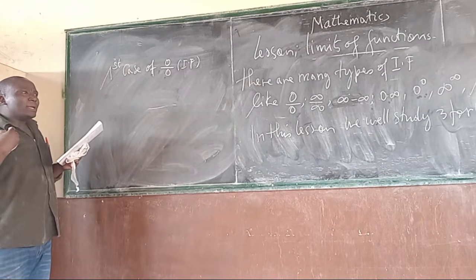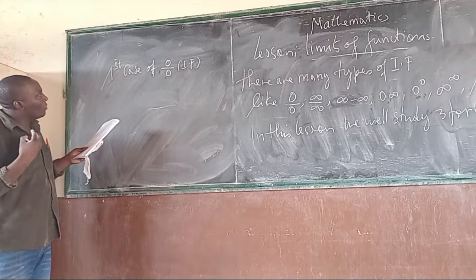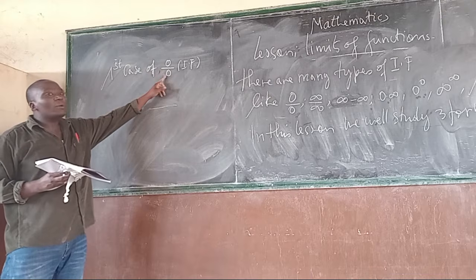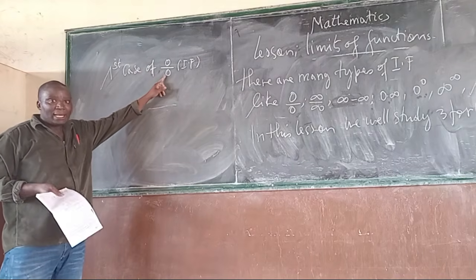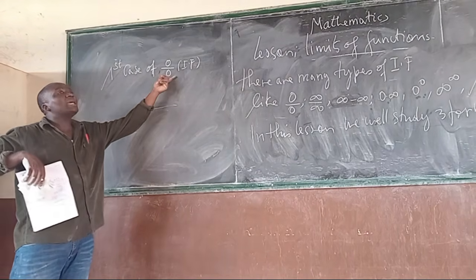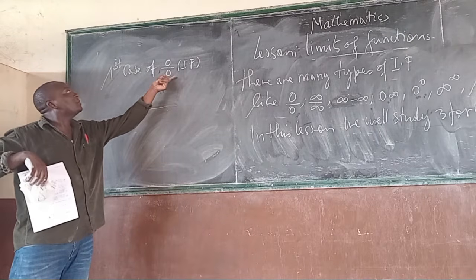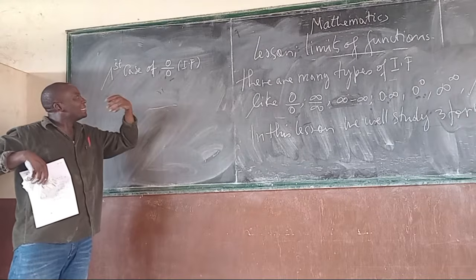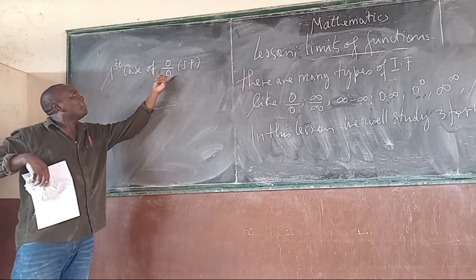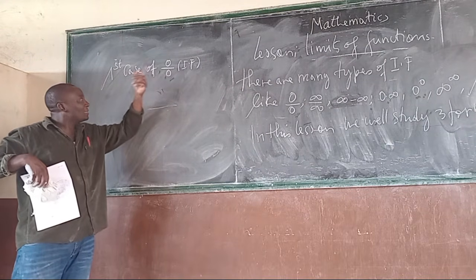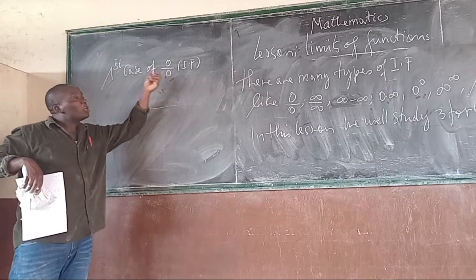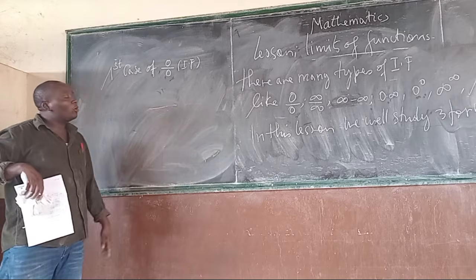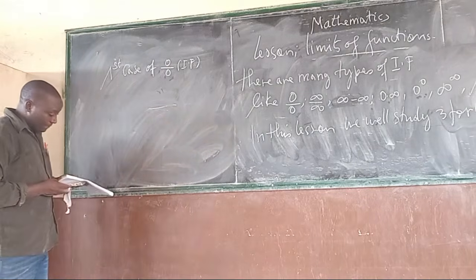When you deal with finding the limit of a function, and you meet with this barrier, this obstacle, this indeterminate form, how can you reject this barrier so that you can get the clear value of your given function?